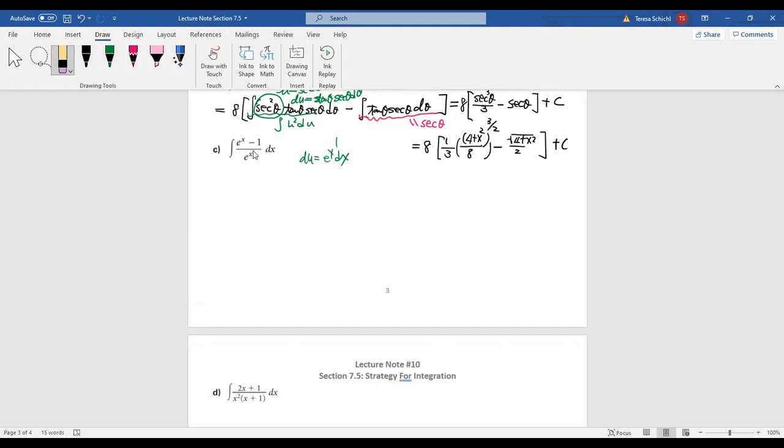So here, there are sometimes not very unique ways. Let me show you what I will do here. I want to demonstrate another strategy we talked about. For this e^x minus 1, I can separate that out.